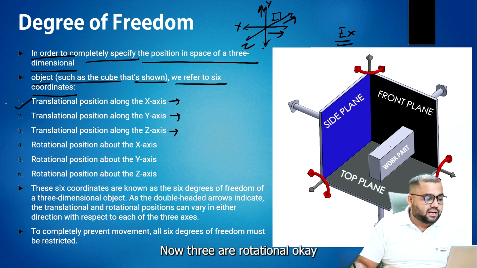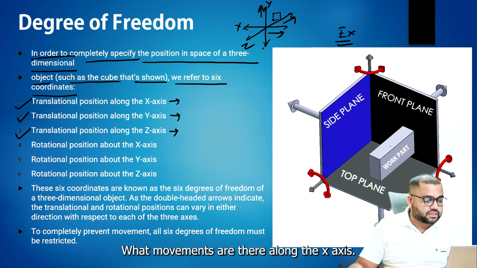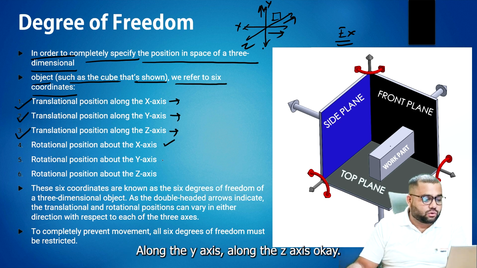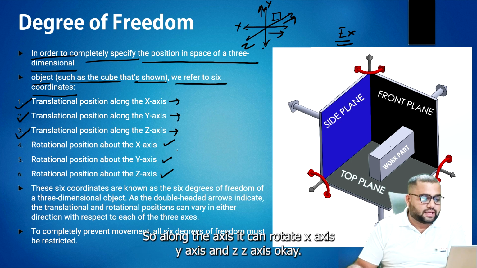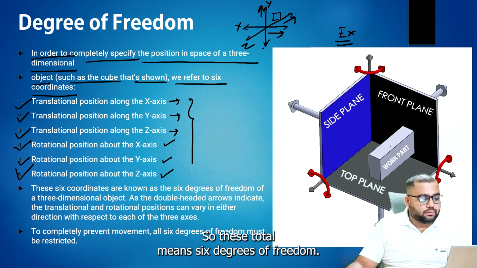Now, 3 are rotational. There are 3 translational movements and 3 rotational movements, about the x-axis, the y-axis, and the z-axis. So it can rotate about the x-axis, y-axis, and z-axis. These 3 are rotational, so in total that means 6 degrees of freedom.